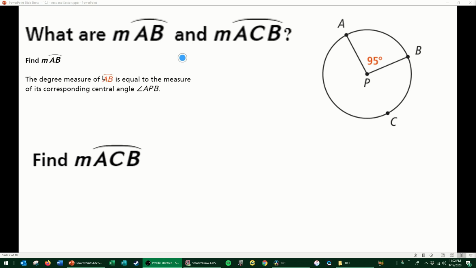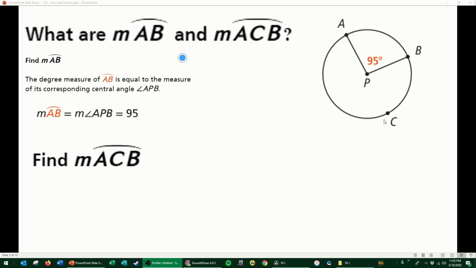So it's not line segment AB, it's arc AB, and it is equal to the measure of its corresponding central angle APB. So if I were to ask you for the measure of arc ACB, well, let's not do that first. Let's find the measure of arc AB. Whatever this arc measure is, it's always equal to this central angle measure. So we can say that arc AB is equal to the measure of angle APB, which is 95.